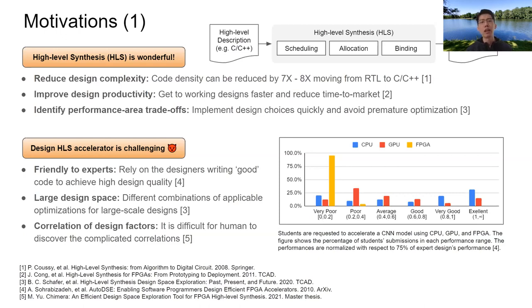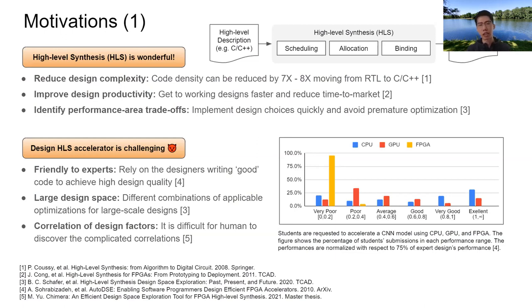Secondly, because you can quickly implement different optimizations and different combinations of these applicable optimizations on an HLS design, these optimizations can form a very large design space, especially for large-scale HLS designs. This actually makes exhaustive exploration infeasible.